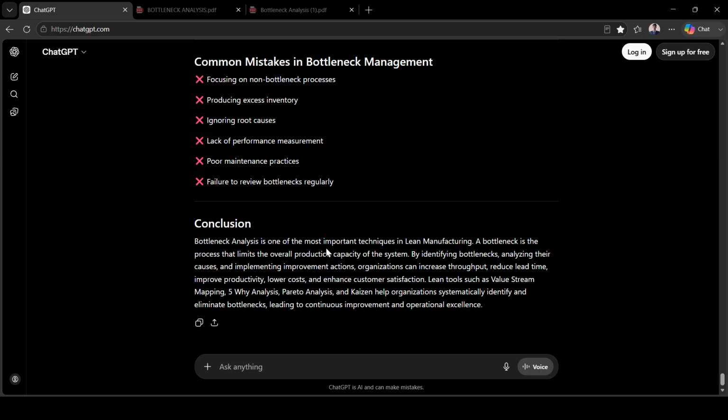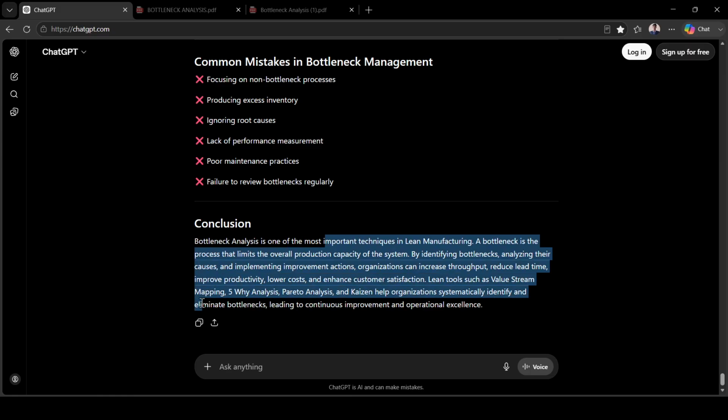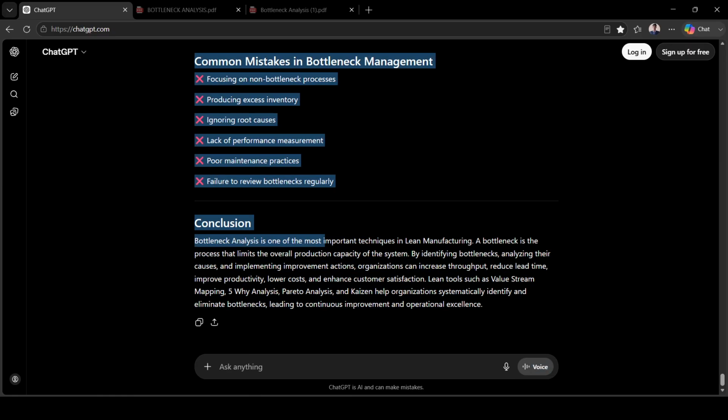Lean tools such as VSM, 5-why analysis, Pareto analysis, and Kaizen help organizations systematically identify and eliminate bottlenecks, leading to continuous improvement and operational excellence.